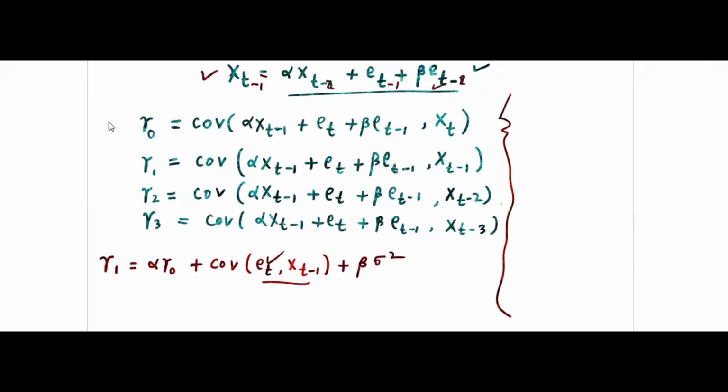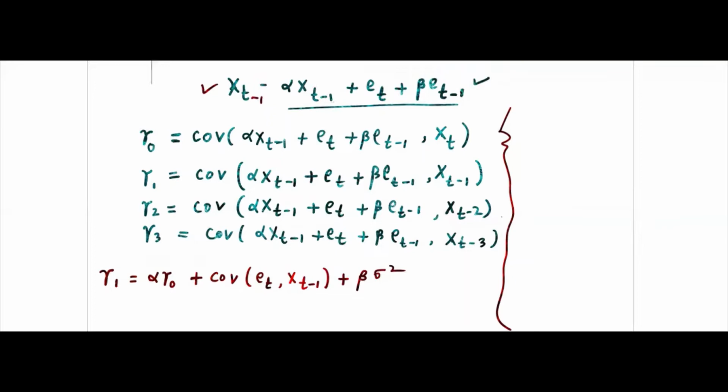Et minus 2, that will be 0. Et minus 1, that will be 0. Uncorrelated errors. And you will never get et from xt minus 2. Even if you write xt minus 2 once again, you will not get et with xt minus 2. This is the past one. So we will not worry about the middle term. Safely we can ignore the middle term.